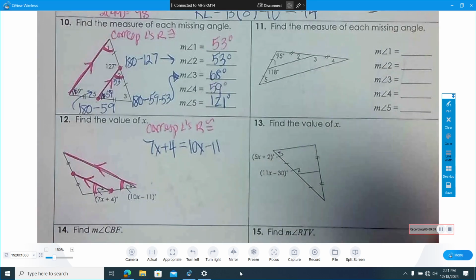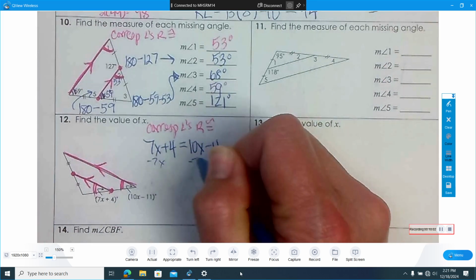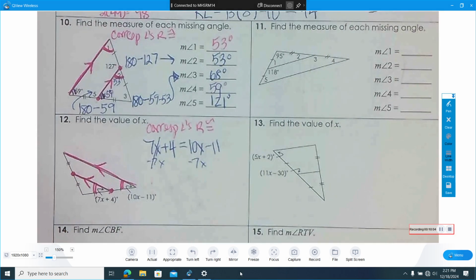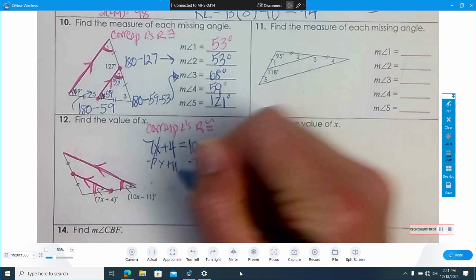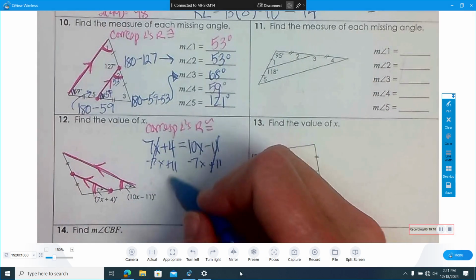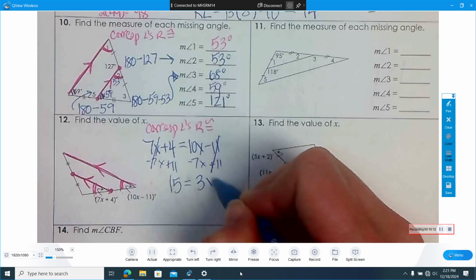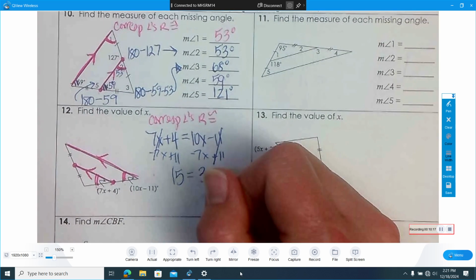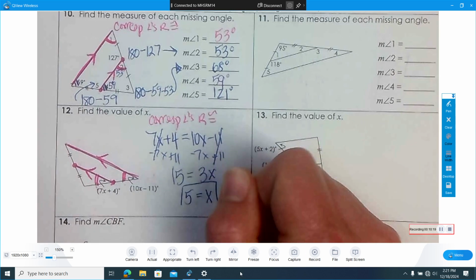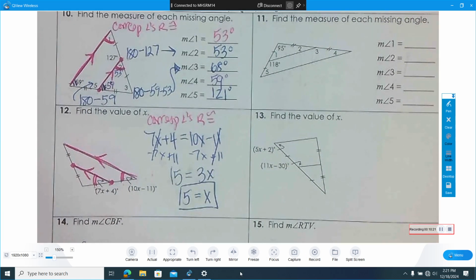And we can solve for x. I'm going to subtract 7x, and I'm going to add 11, all in one step there. So I get 15 equals 3x. And then we can divide by 3 and get x equals 5.